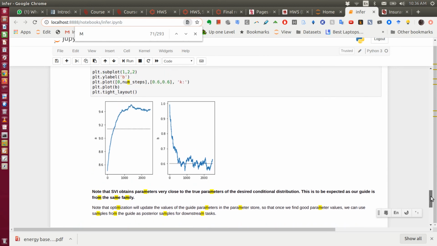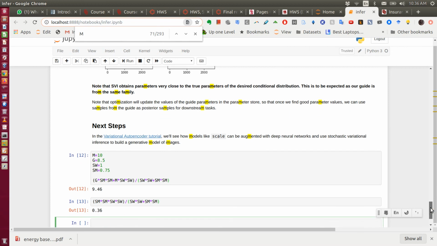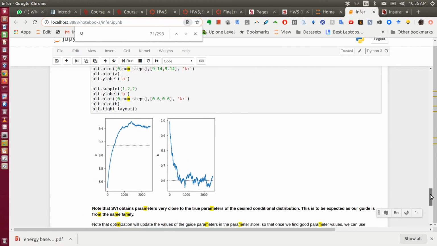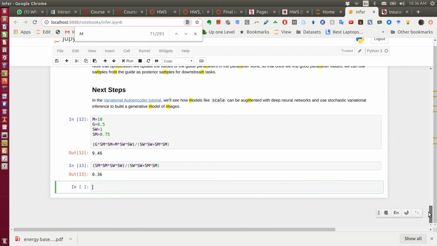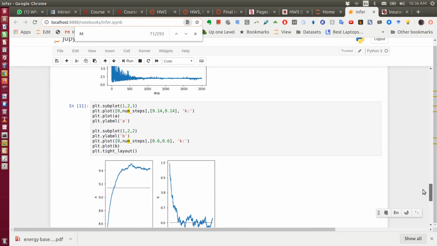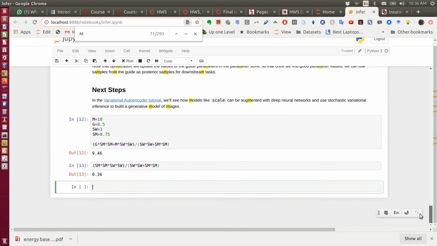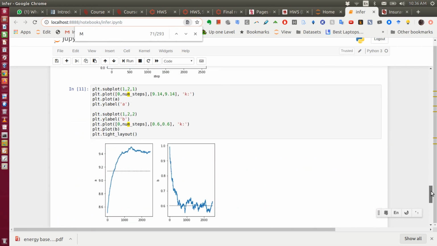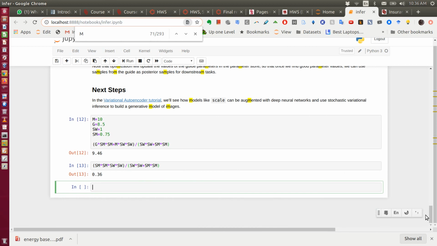So let's try to make the change. It says 0.36. Wait. Oh, I need to take a square root for that.